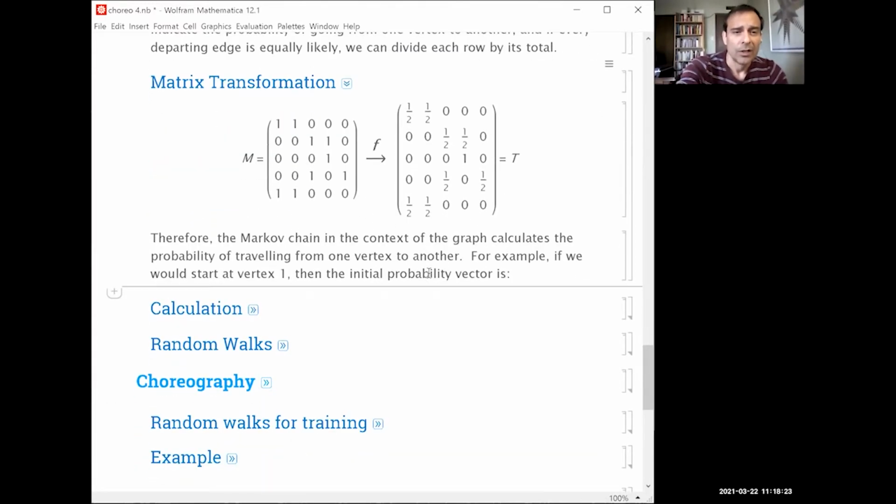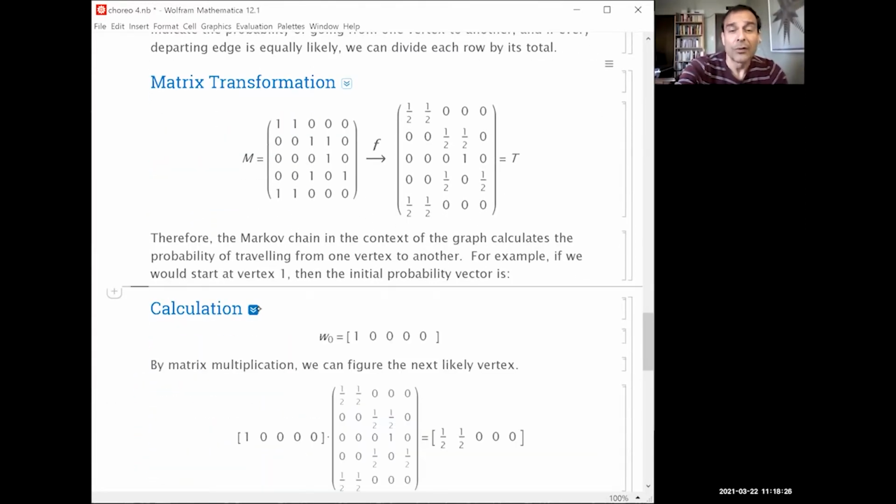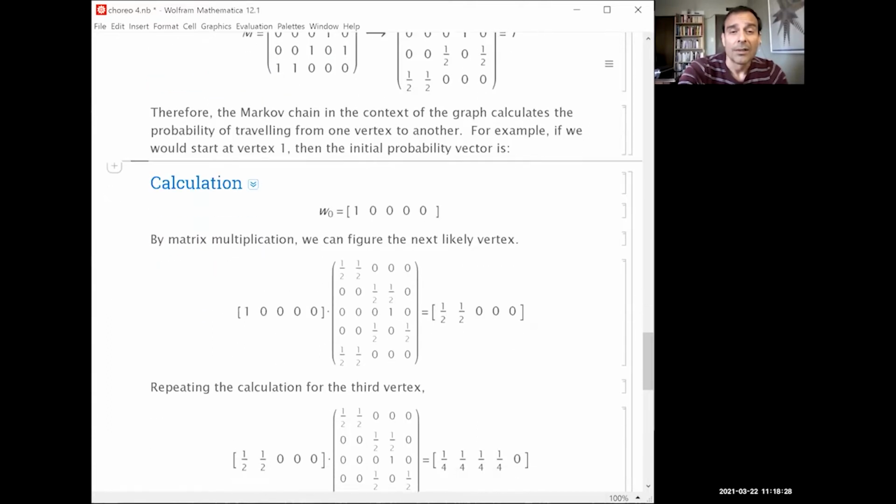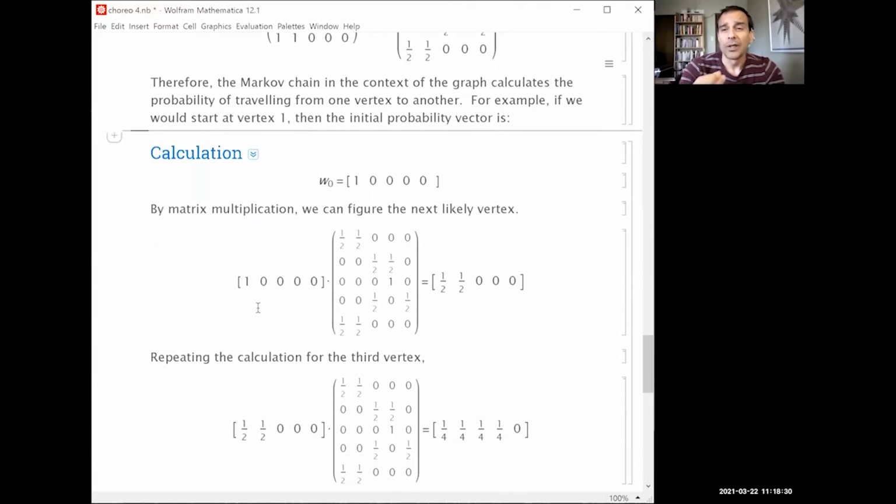All right, so how would we make use of that to come up with a Markov chain for a graph? Let's say that we're going to start moving around on the graph in some random way, and we can begin with an initial state vector that has a 1 in the first coordinate, which says we're 100% certain that we're going to start at the first vertex. So we put zeros as probabilities for all the other vertices.